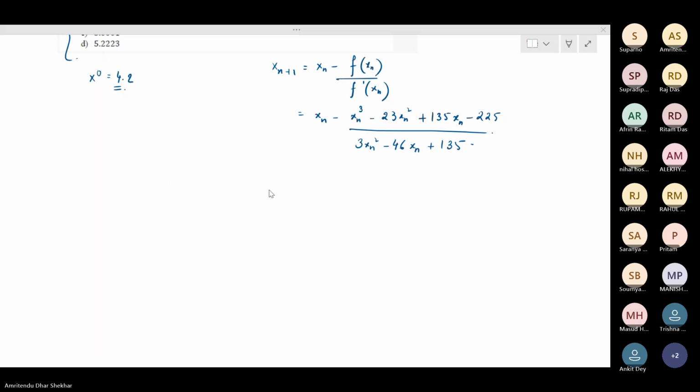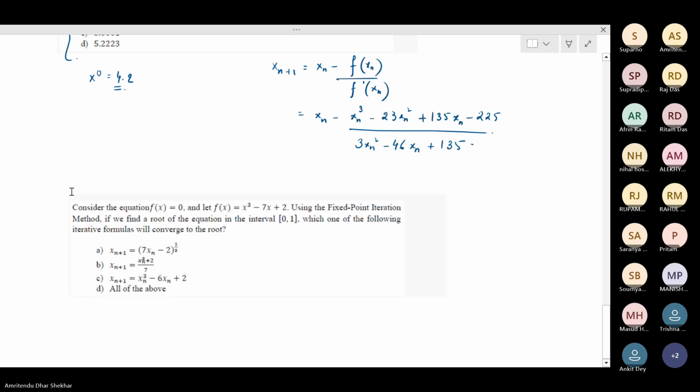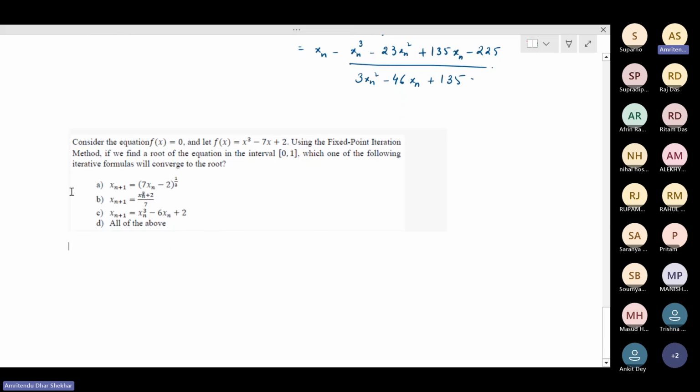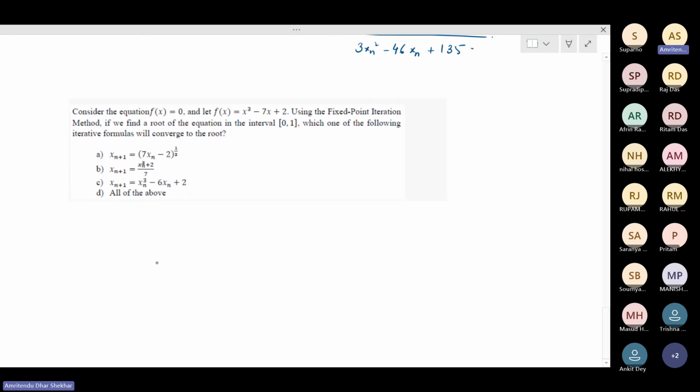Let's also consider another way in which we can find the root of an equation. Let's say you have an equation of the form f of x is equal to x.